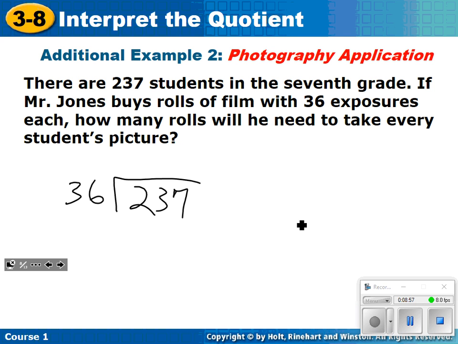So that would be 2 at 70. 140 would be 4, right? 280 would be 8. But we don't want 280. We're too high.